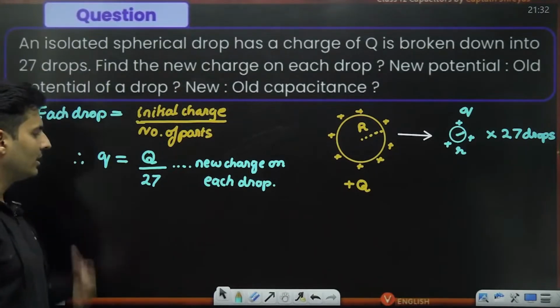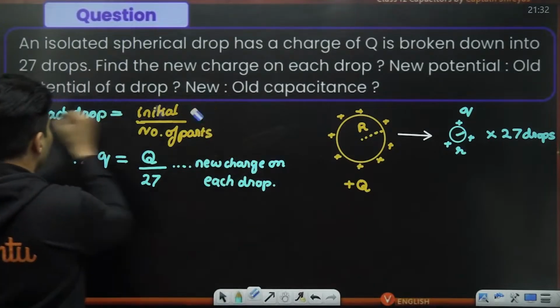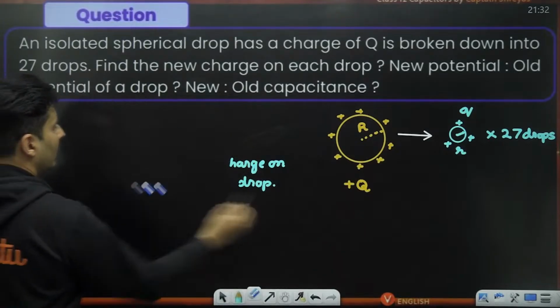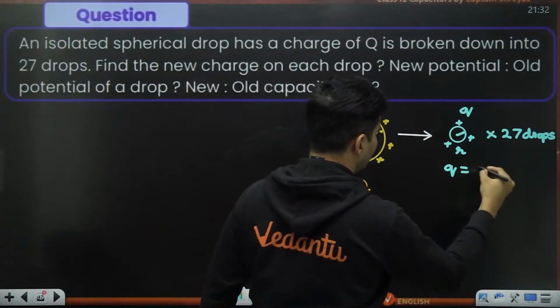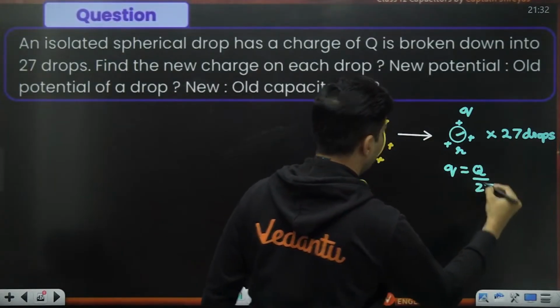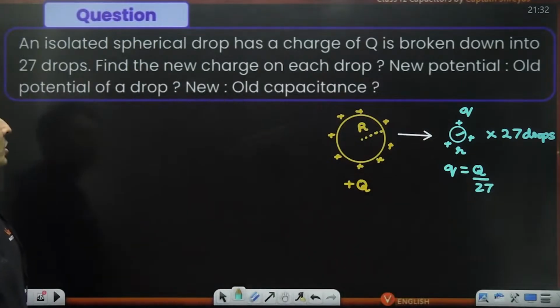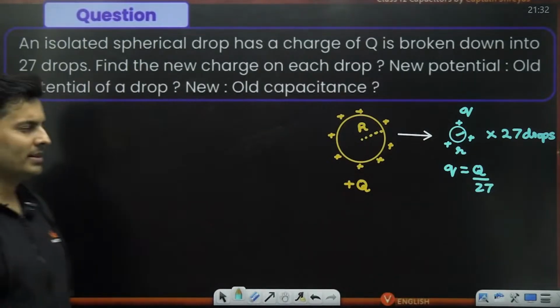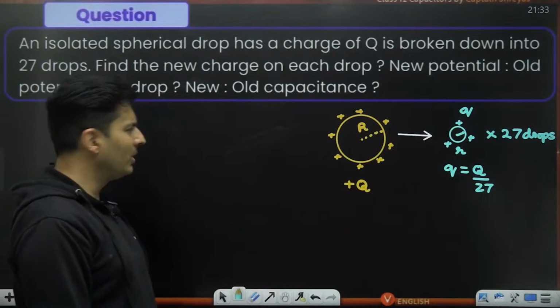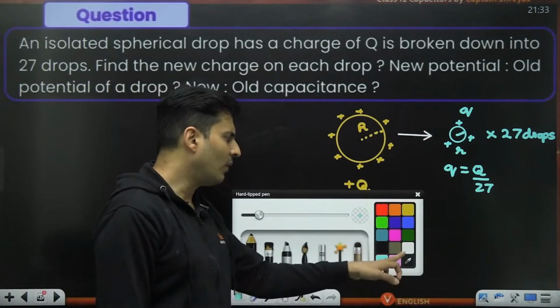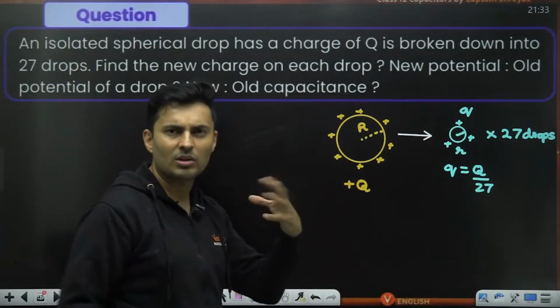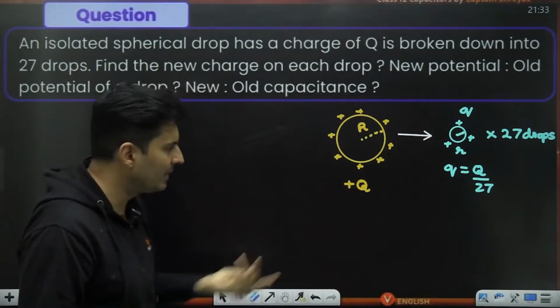Now let's go to the next one. I'll just put over here this small q is capital Q divided by 27. What is new potential to old potential, new capacitance to old capacitance? Okay, before going there, I have a feeling that the volume will be conserved. Why is it that the volume will be conserved? Because whatever the matter is there, it should not be destroyed.